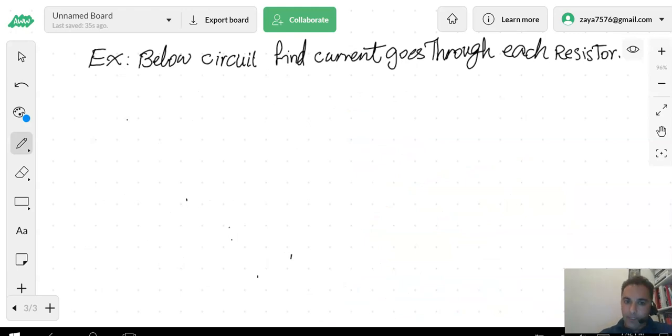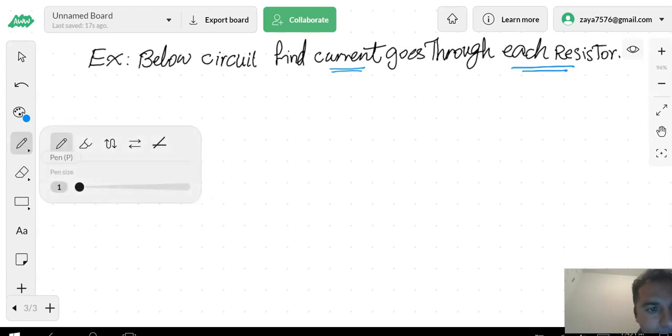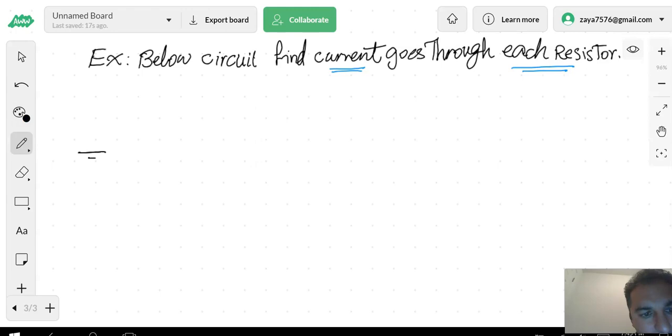Question says, below circuit, find current, so this is our goal, goes through each resistor. Below figure, find current goes through each resistor. Okay. Let me erase my whiteboard. Let's say we have a battery.